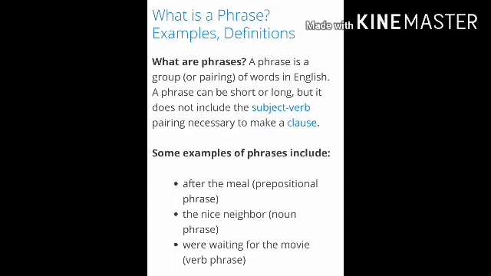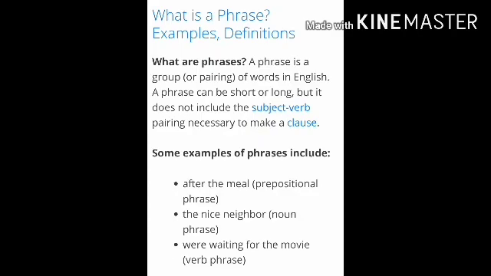Now let us see in more detail why it doesn't have a subject and a verb. So you can see here it's a group of words in English. It can be short, it can be long, but it does not include subject and verb, right? My dear student, what is subject? Subject means when we are talking about something. And what is verb?